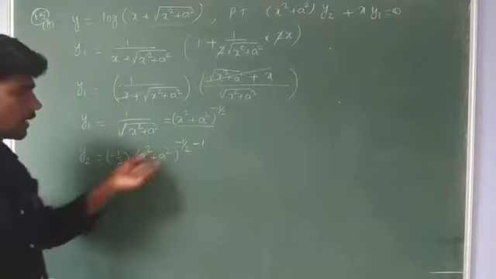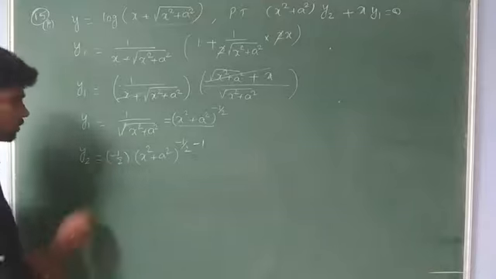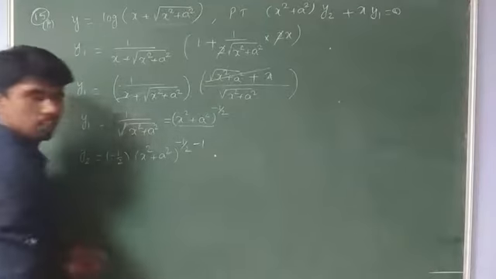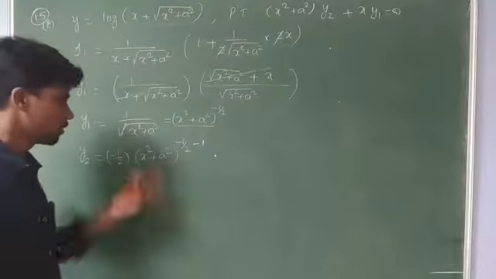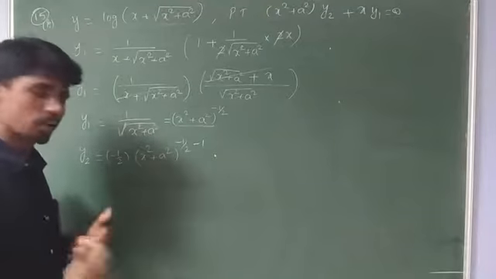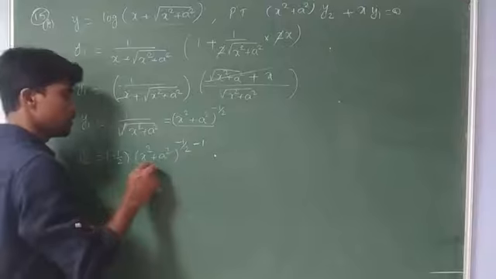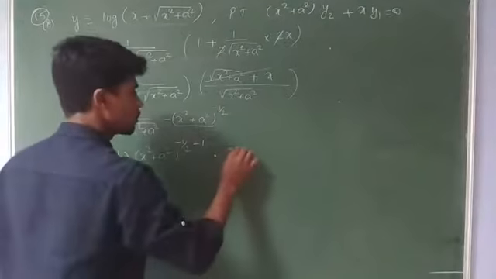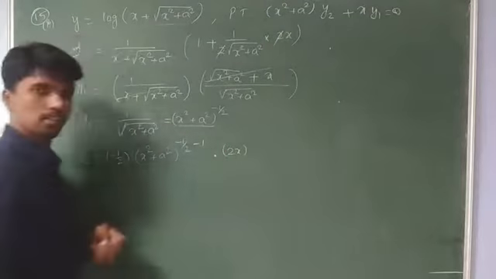So this into, it's not in the form x, it's like x square plus a square, so again I have to perform its differentiation. Differentiation of x square is 2x and differentiation of a square is 0.